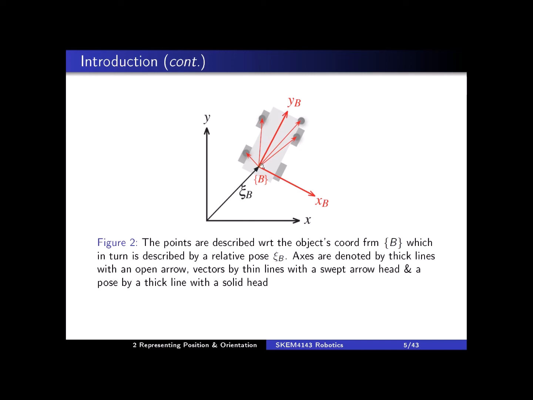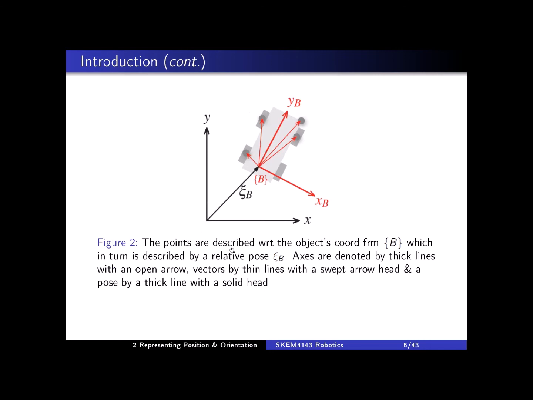This coordinate frame, xb and yb, is fixed on the robot, and whenever it moves it moves together with the robot. So you can imagine if you have a point here, this point is always fixed with respect to coordinate frame b.